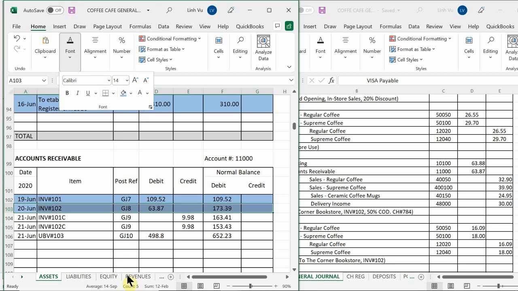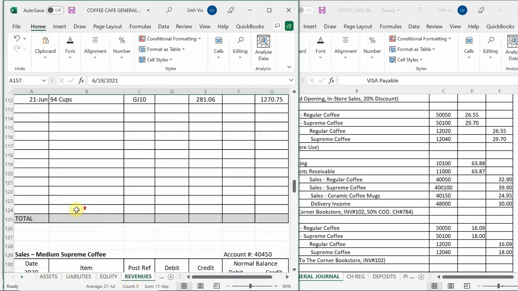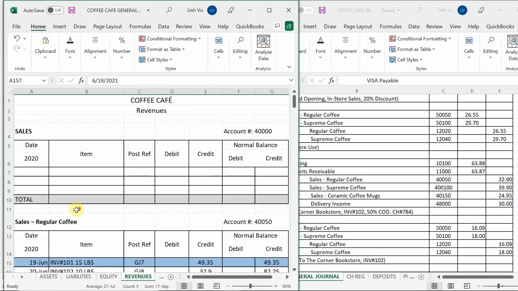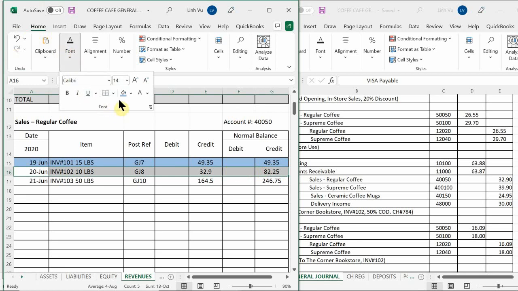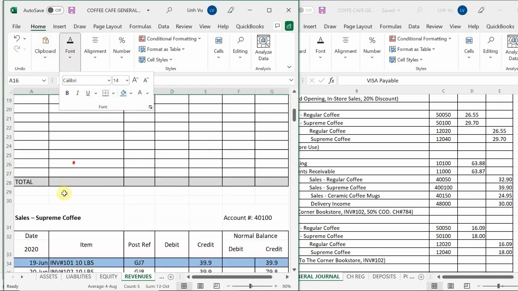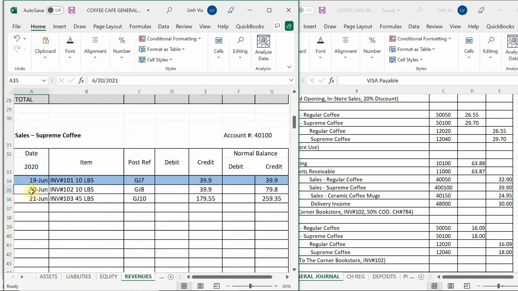Then we sold our regular coffee for 32. And then we sold Supreme for 39.